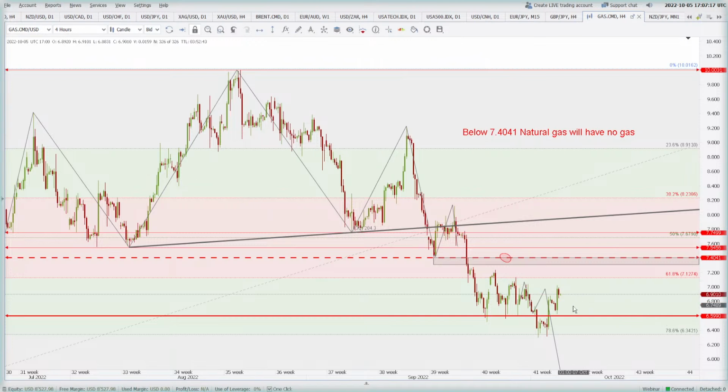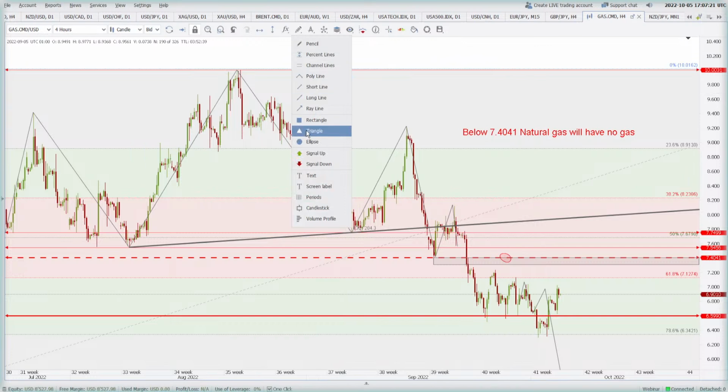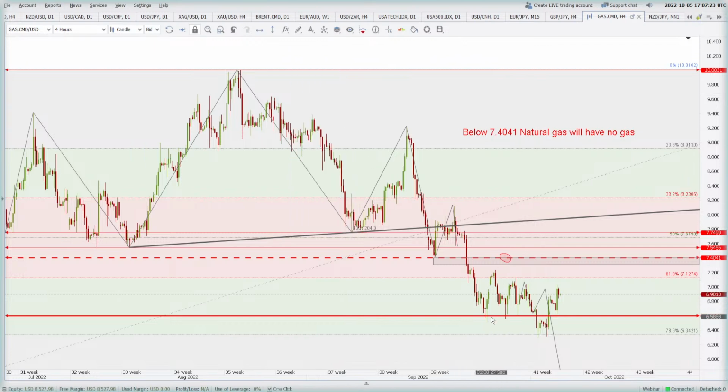So I am trying to make it even better here. So it looks like a small channel forming here. It was a polyline, so I had to take a channel. So it looks like there's a formation of a small channel here like this.